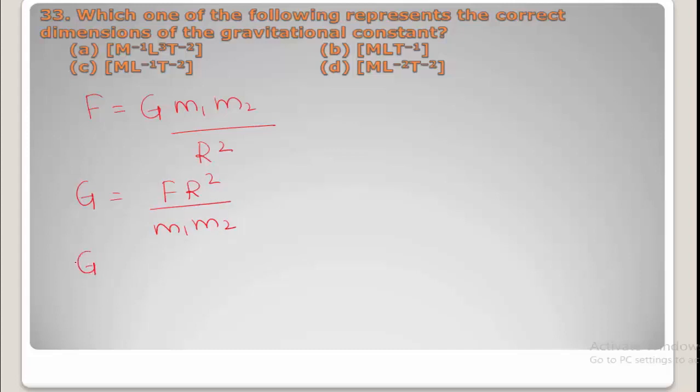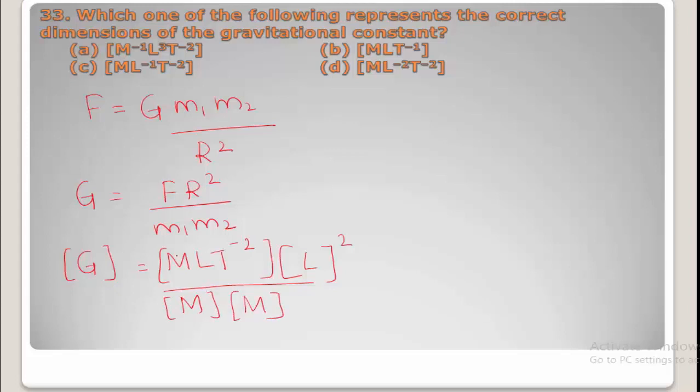So substitute the dimensions of F, r square, m1 and m2, you will get the dimensional formula for the gravitational constant. Force is M L T raised to minus 2, and r is the distance, so r is having the dimensions of length. So r square is L square, divided by m1 m2.